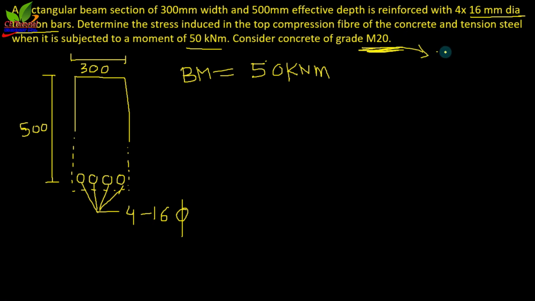Now for concrete grade M20, you can find in Table 21 of IS 456 the value of sigma cbc. It is 7. So next day I will show you the code, and next day I will complete this problem.